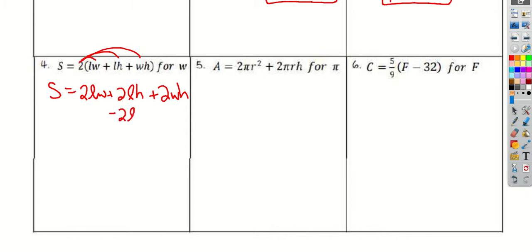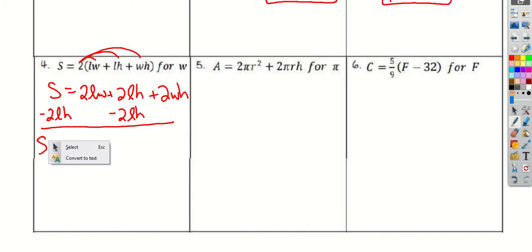So I'm going to subtract that from both sides first. Then I get s, okay, get a little weirder right here, minus 2lh equals, oh sorry, 2lh, not 2lw.